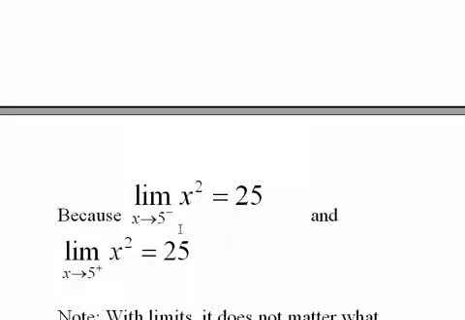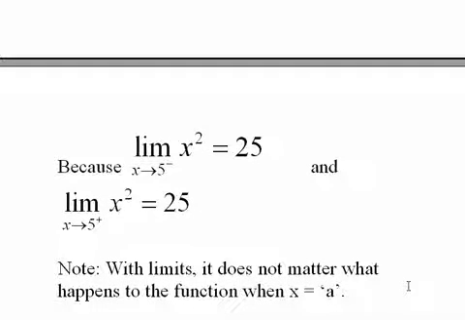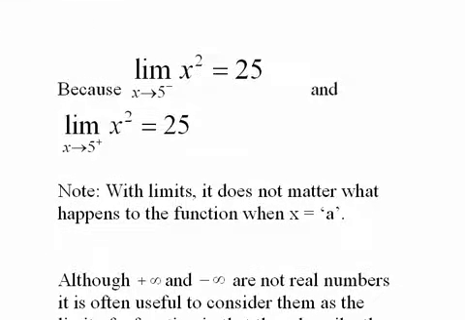The limit of x squared as x approaches 5 from the left will equal 25, and the limit of x squared as x approaches 5 from the right side equals 25. And so this is a two-sided limit, and the limits exist and they're equal. And note here, with limits it doesn't matter what happens to the function when x equals a. It only matters as x approaches a, what the function is getting closer to.